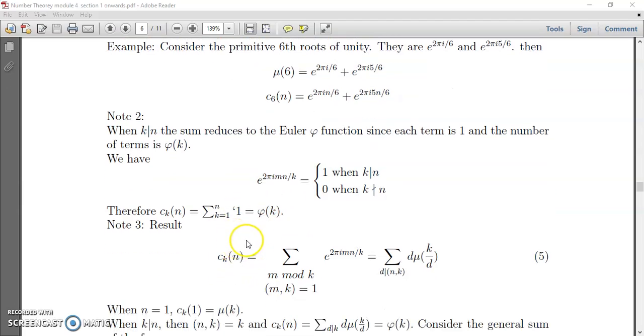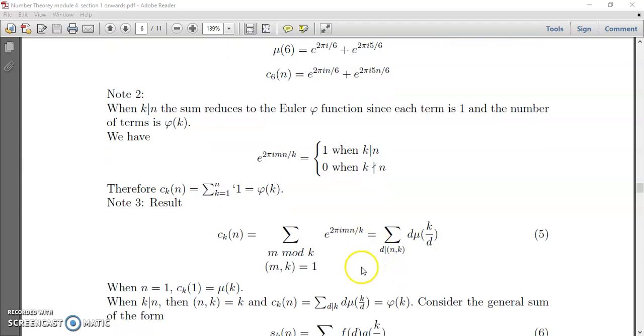Now the third result which is given here is c_k(n) is sigma d divides gcd of (n,k) d mu of k by d. We will be proving this result later, but immediately we want to find some consequence of this result.